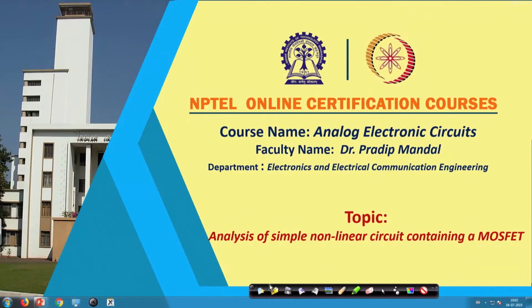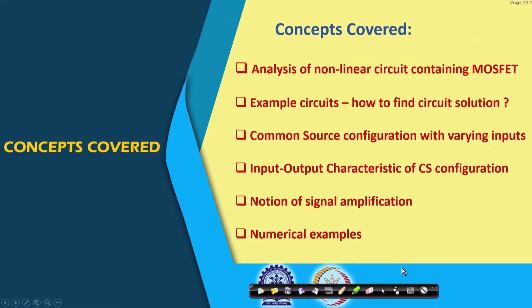So, let us see what we are planning to cover today. First, we will cover the basic circuit configuration. As I said, it will contain only one transistor, and then through two examples we will see how we can find the circuit solution, namely the circuit current and voltage.